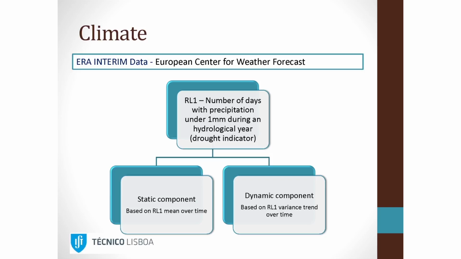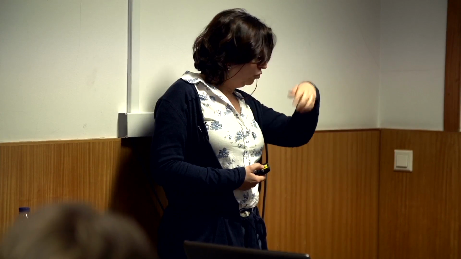Based on this, we tried to calculate different parameters from this precipitation data, and we ended up with this index, which is the number of days with precipitation under 1 millimeter during a hydrological year.